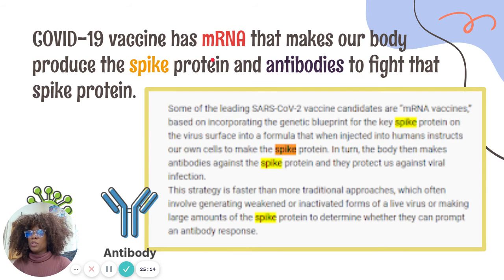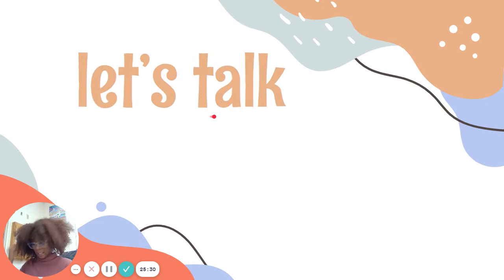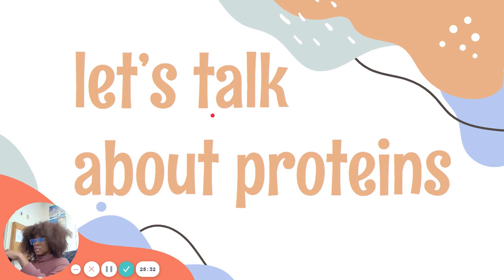If our body is producing the spike protein, our body is also going to naturally produce antibodies to fight that spike protein. That way, if you come into contact with COVID-19 somewhere, the body already knows, I've seen this spike protein, I know how to beat it, and the body can beat it. That's basically a summary of how this vaccine works.